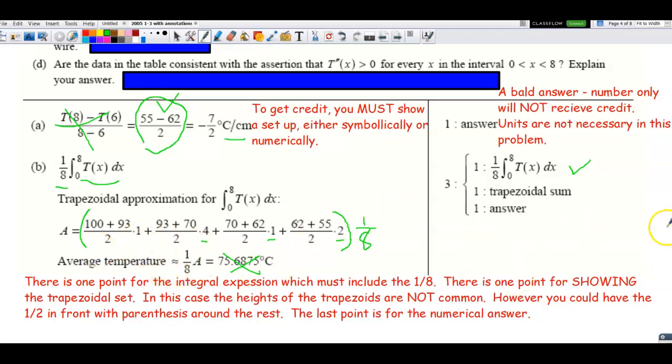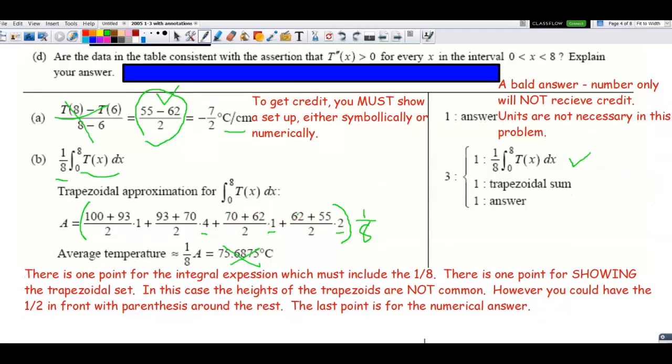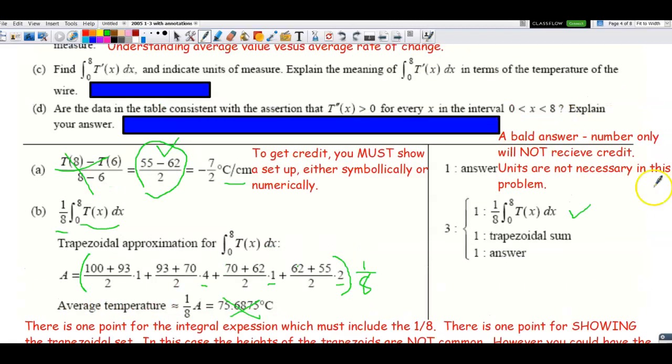However you want to do it, but I would recommend just leaving that trapezoid for a time, if for no other reason, just for the interest of time, but more importantly, so that you don't make a silly, careless mistake, type something in your calculator wrong. 1 point for the trapezoidal, so that would be this part right here. Just that part, and then the answer is when you multiply by 1/8.